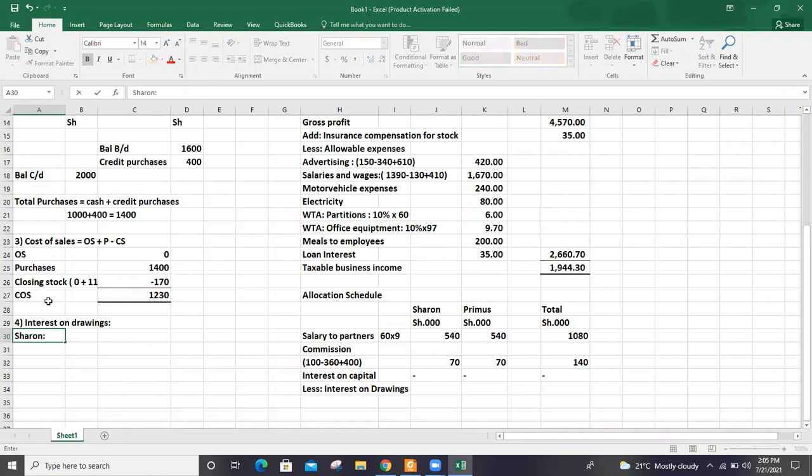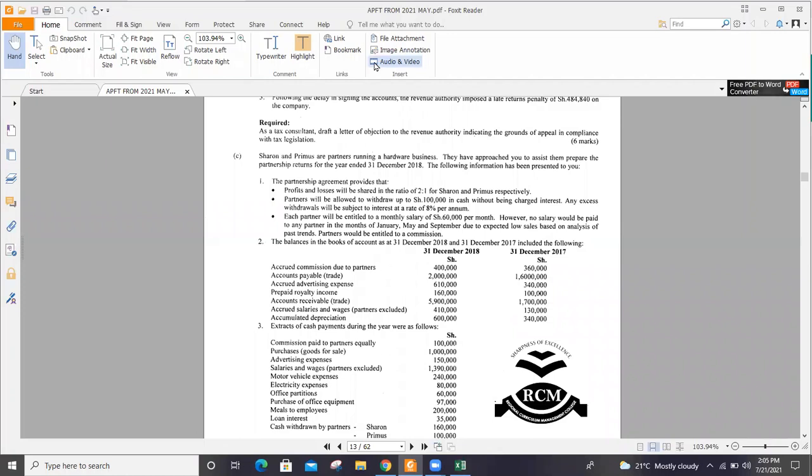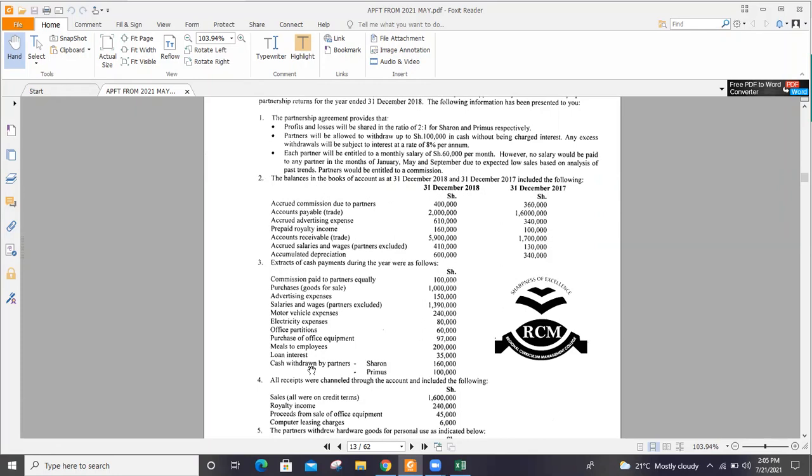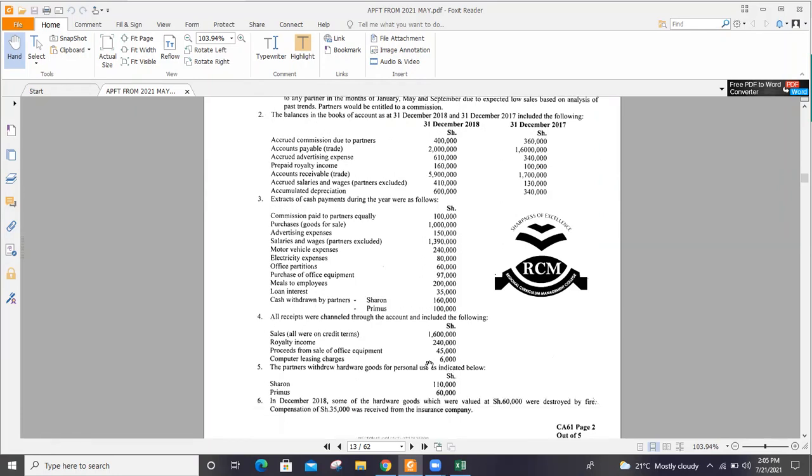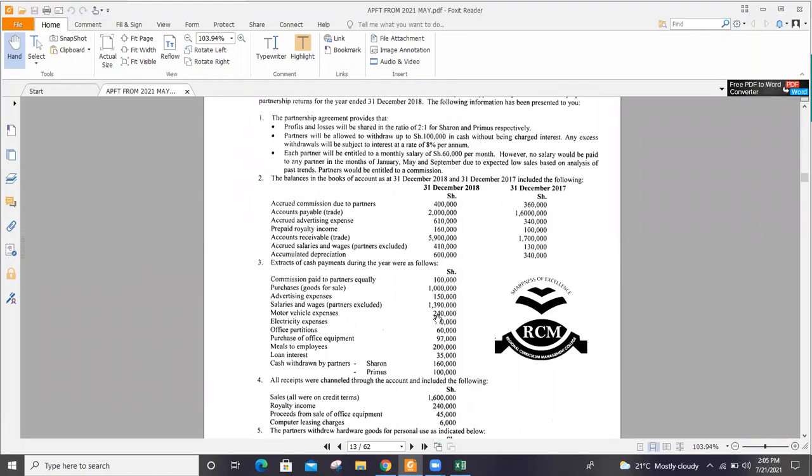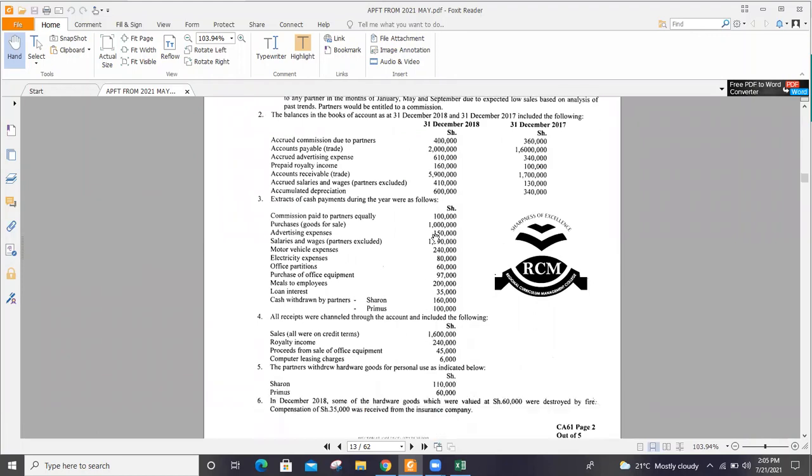As far as Sharon is concerned, we are told that the partners will be allowed to withdraw up to 100,000 in cash without being charged interest, cash, not goods. The cash drawings of Sharon was 160,000, and the goods drawings were 110. Any extra amount was charged interest at 8%.